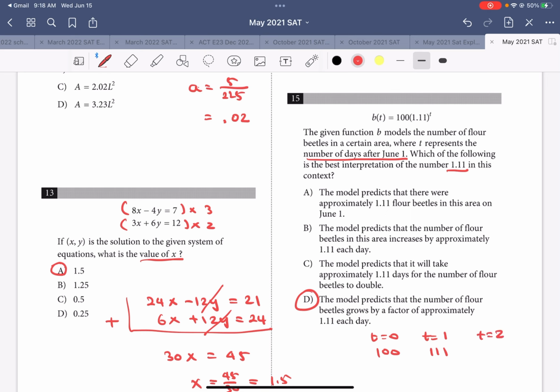And when t equals 2, 100 times 1.11 squared. So each day, it will grow by a factor of 1.11, because you keep multiplying by 1.11 each day. So that is D. D is the right explanation for that.